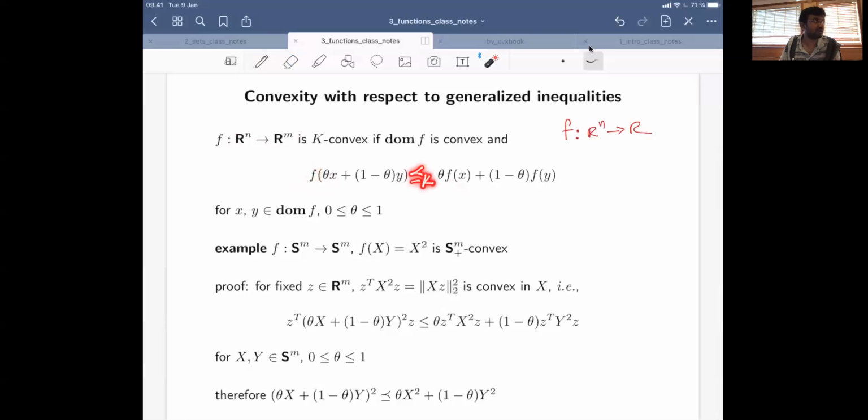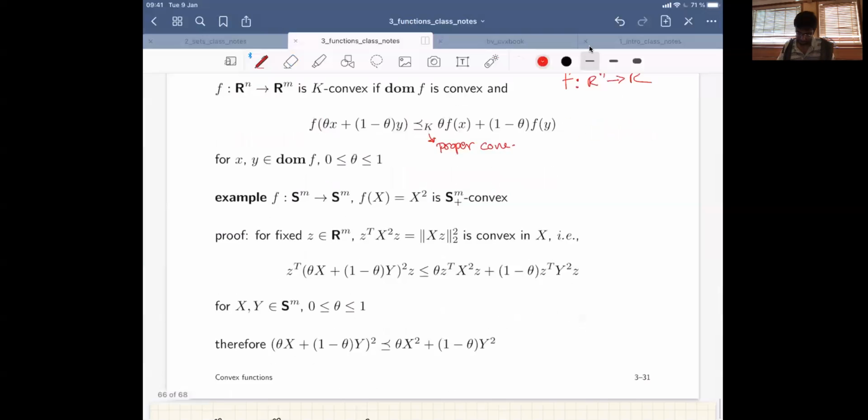It's not a normal cone, it has to be a proper cone. Here I am defining this using an inequality with respect to K. Like this we can define convexity. So for functions mapping from vector to vector, we define Jensen's inequality using a generalized inequality associated with a proper cone. Here is an example.